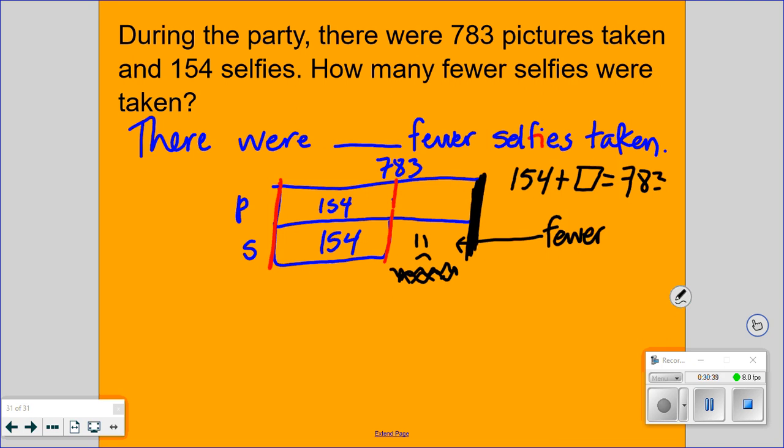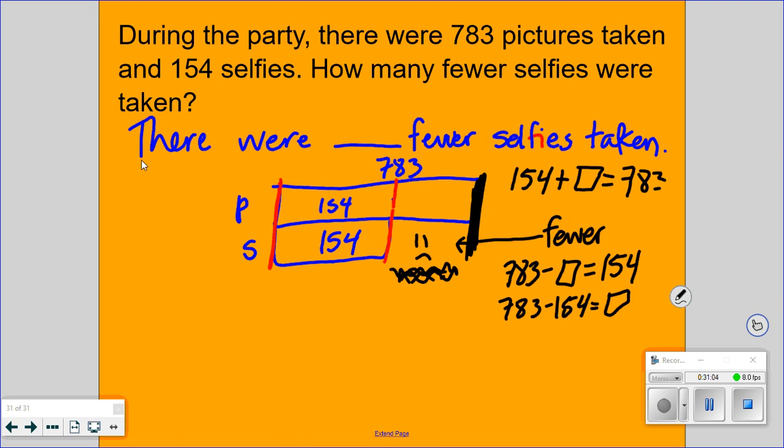Yeah, I could start at my end total. All right, I want them to be here, 783, minus mystery equals how much they actually have, 154. Bowen said, I'm not good at subtracting boxes, so he already switched them. 783 minus 154 equals box.